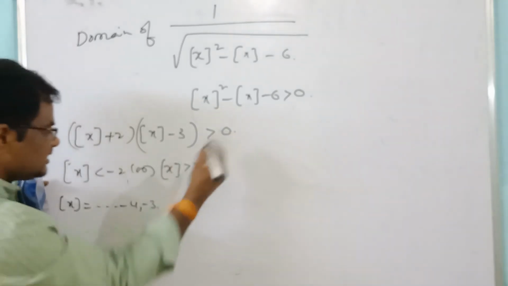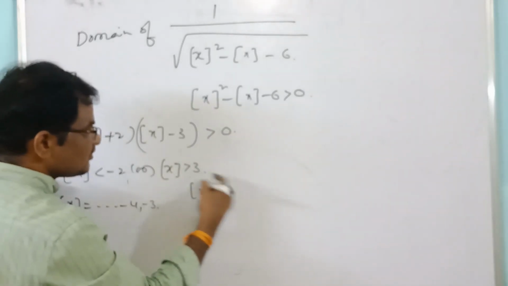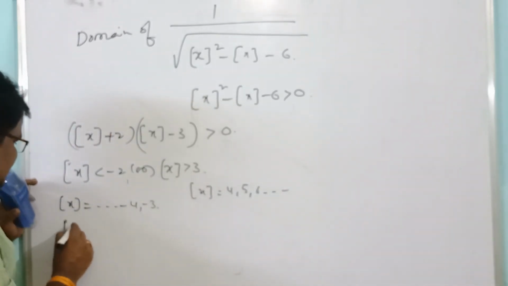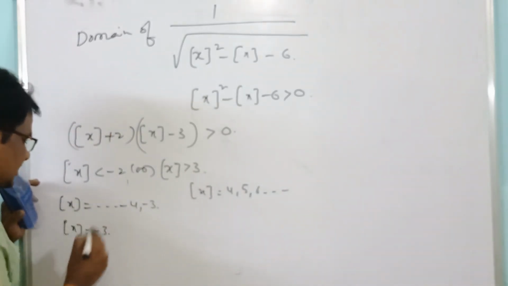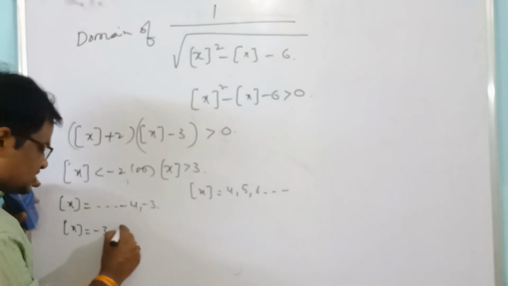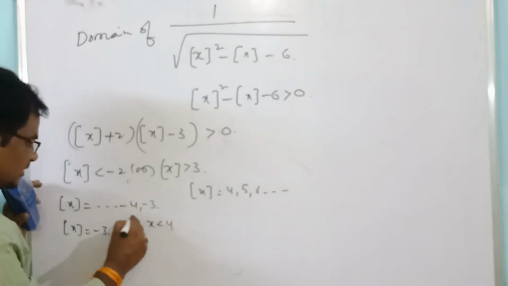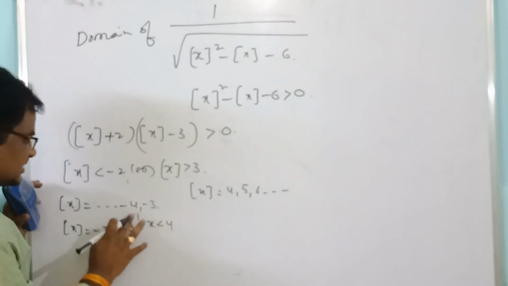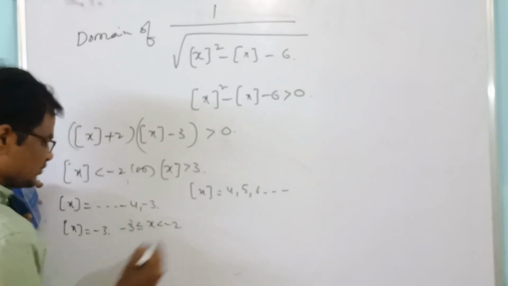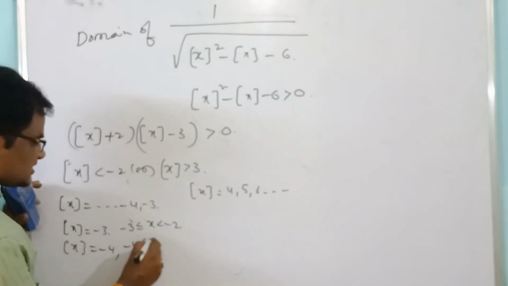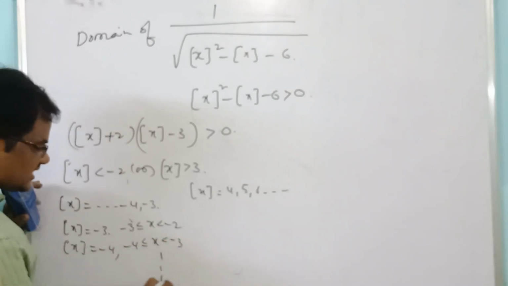And here what are the possible values? 4, 5, 6, etc. Suppose step x equal to minus 3, so x exists in minus 3 less than or equal to x less than minus 2. Next, step x equal to minus 4: minus 4 less than or equal to x less than minus 3, etc.